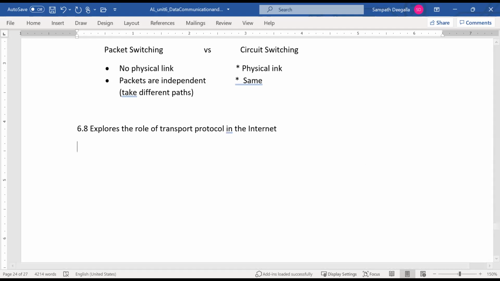Now let's look at this. We will put the subtopic as a question.